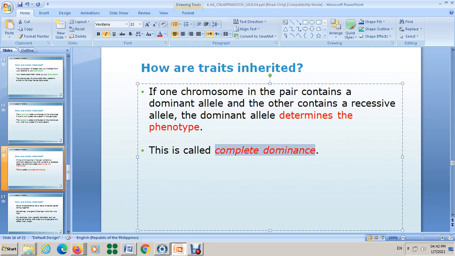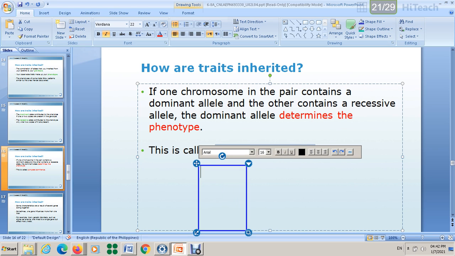So let's say it again. Let's say the presence of dimple, for example. You receive from your mom capital D, and I told you that the presence of dimple, capital D, is a dominant trait, and you receive from your dad the recessive one.